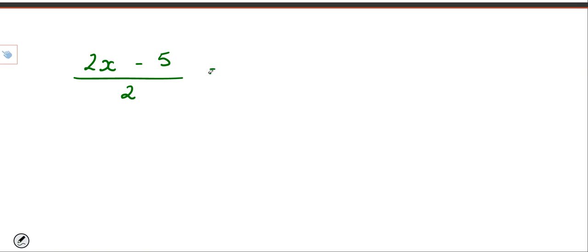I'm not going to do equals because obviously that's not the right thing, is greater than or equal to 3.5.